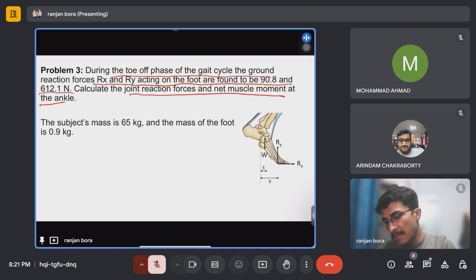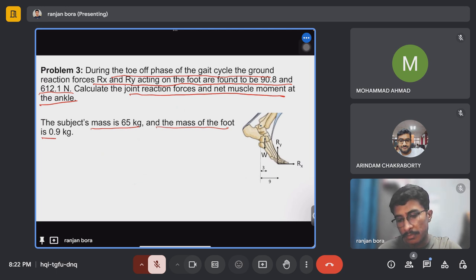The subject's mass is 65 kg and the mass of the foot is 0.9 kg. So this is the ankle joint, point O, and it is asking for the joint reaction forces and net muscle moment at the ankle.